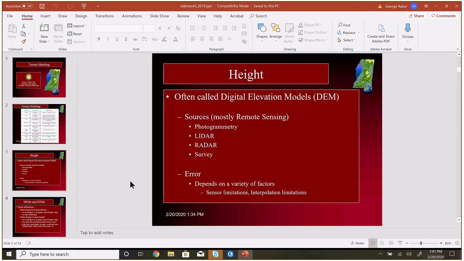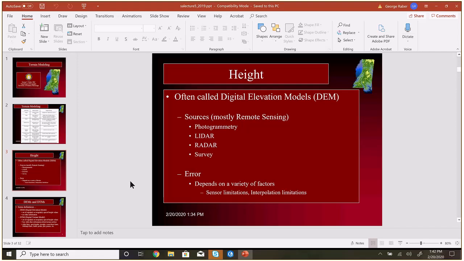Okay, the space shuttle launched a radar instrument. The space shuttle went into orbit and put out a boom, and that boom sent radar signals down to the surface of the Earth that could penetrate tree canopy a bit, and it created a global 30-meter digital elevation data set, except for the poles.